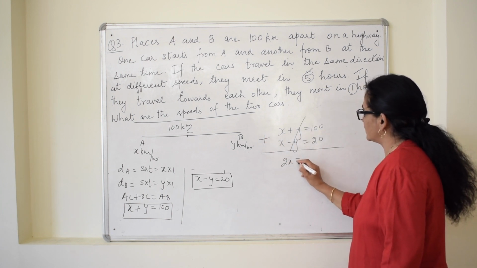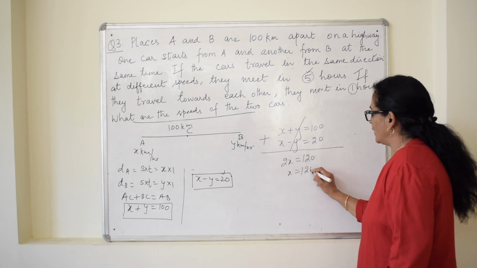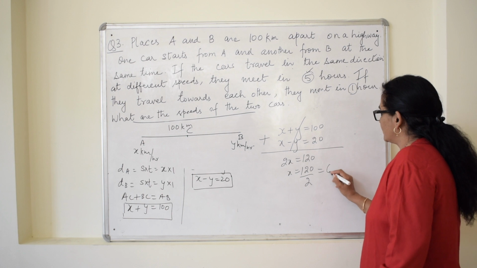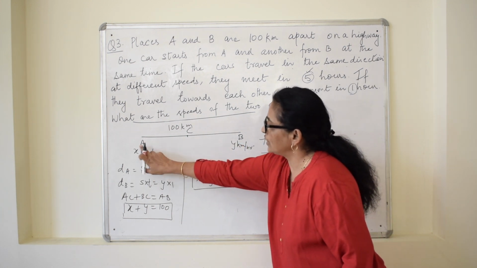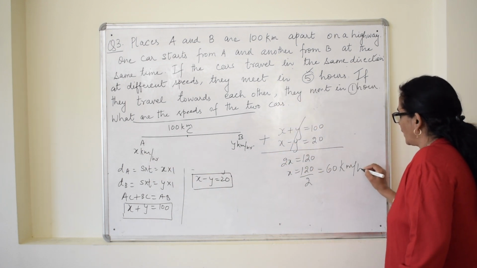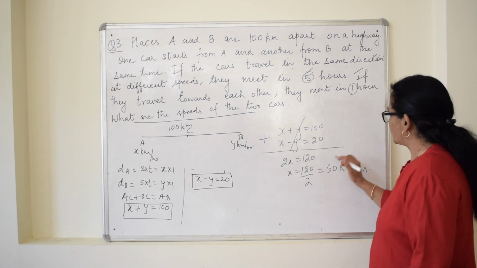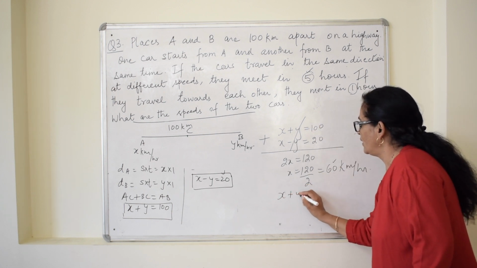So 2x is equal to 120. x will be 120 by 2, that is 60. What was the assumption? x was speed of car A, so 60 kilometers per hour. Now substitute this x in any of the equations, we'll get the value of y.